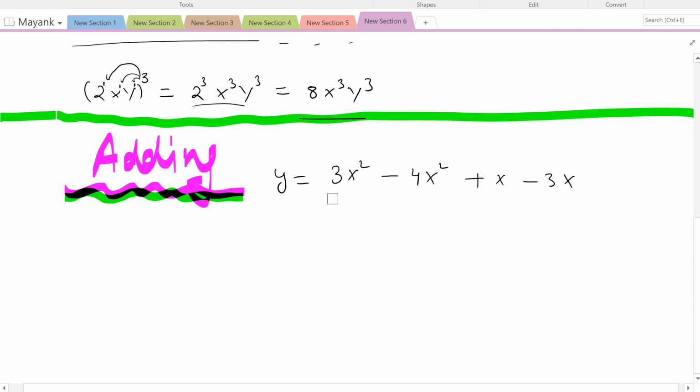They're looking the same. These are 3 of x squared, and those are negative 4 of x squared. So we add up or subtract the like terms. What would be the answer of this subtraction? Negative 1 and x squared. Yes, you can write negative 1x squared.